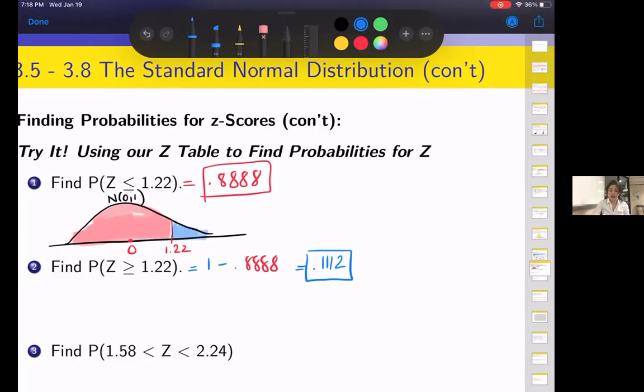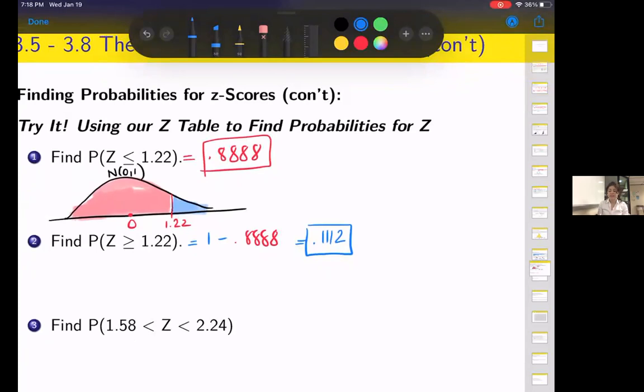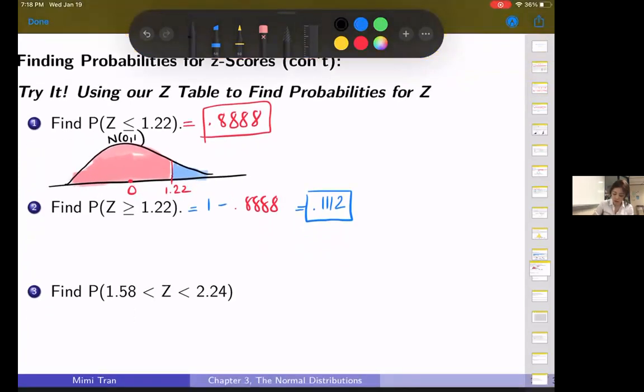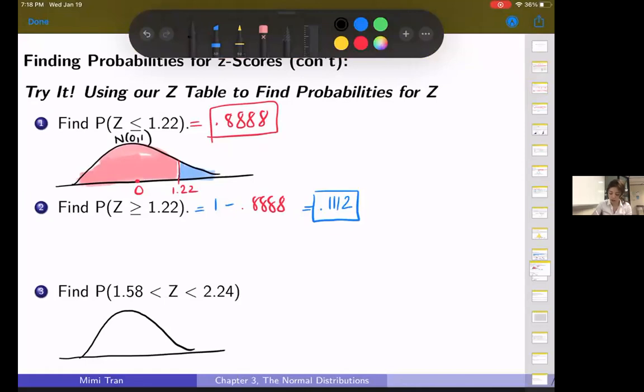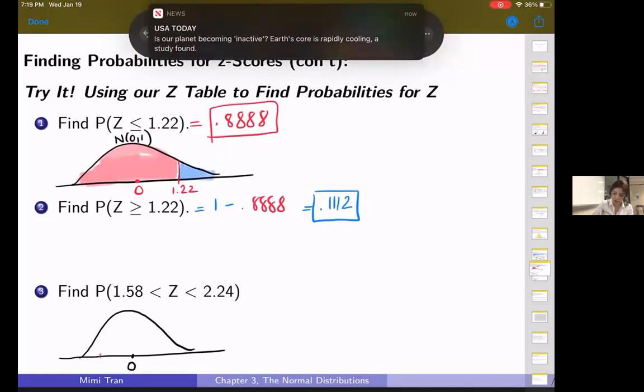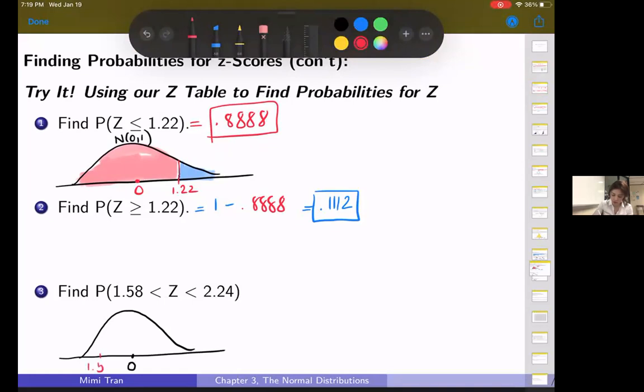Okay, the last one, number 3. I want to find the probability sandwiched between 1.58 and 2.24. Let me draw it out. If you're confused, a picture is the best way to go. You have to draw it out and see what you're looking for. Because it's standardized, mean is 0 in the middle, then 1.58, and then 2.24.